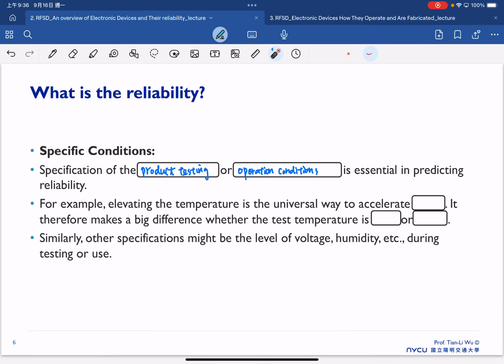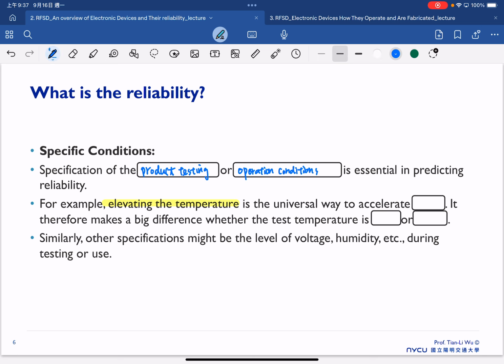So every time when we talk about reliability, we also have to be very clear to understand what our specific condition actually is. So for example, elevating the temperature is a universal way to accelerate the failures.